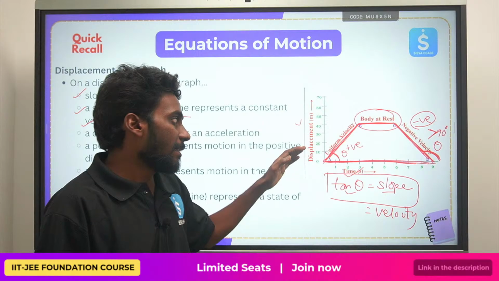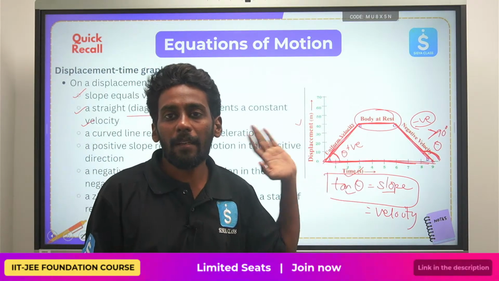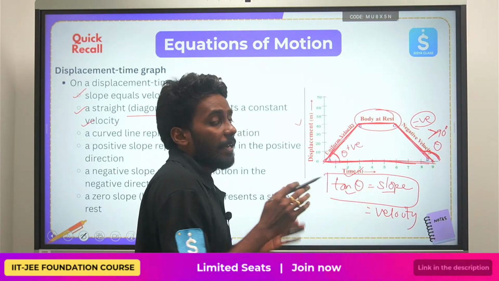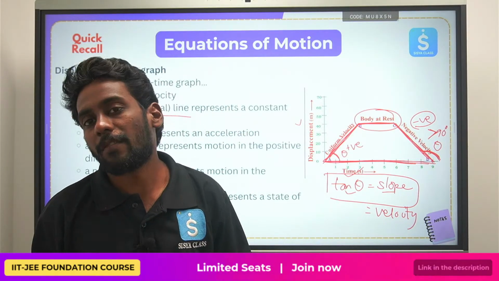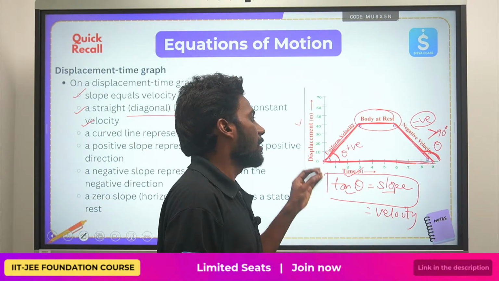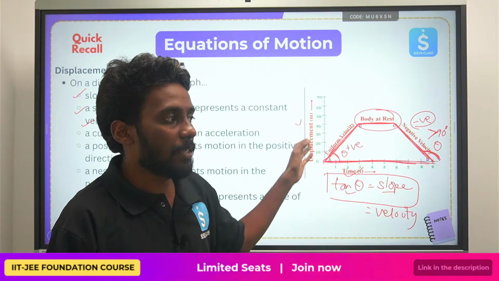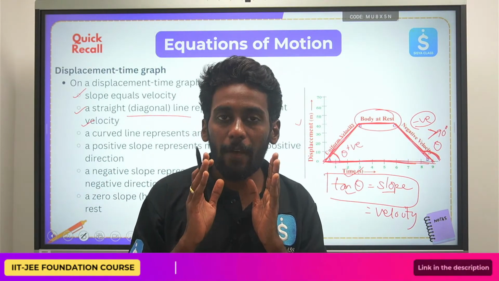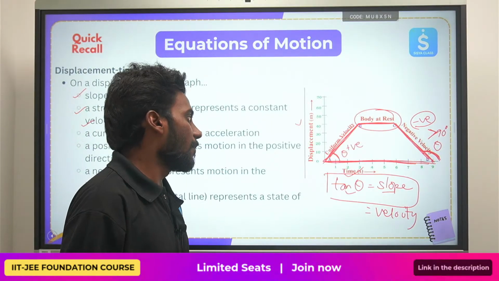So in that case acceleration also would be there. If you see any kind of curve in the displacement time graph, it means there is acceleration for the body. If you see only a straight line graph, it means there is no acceleration, only velocity is there for the given object.